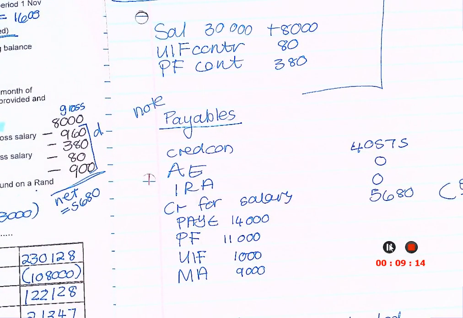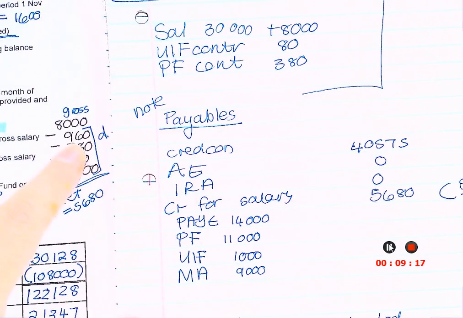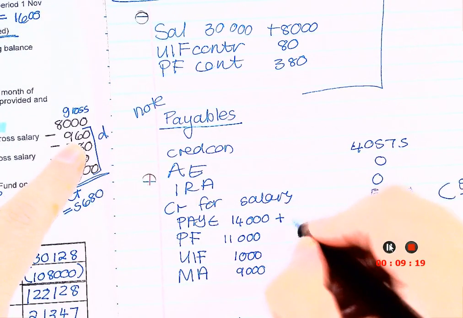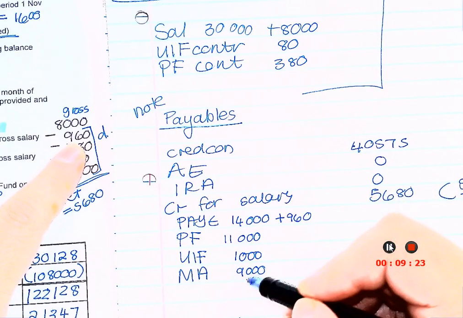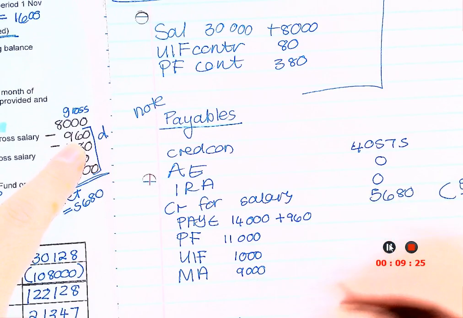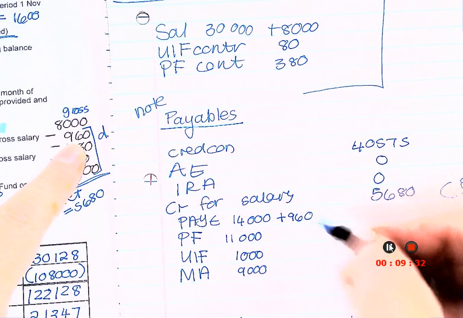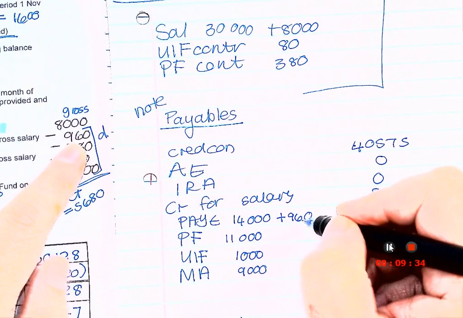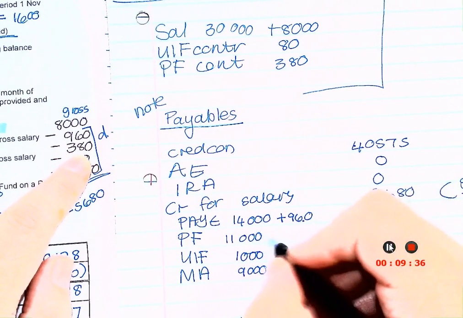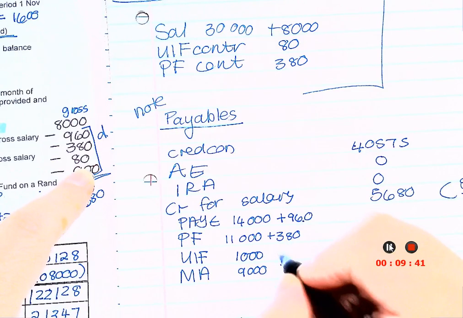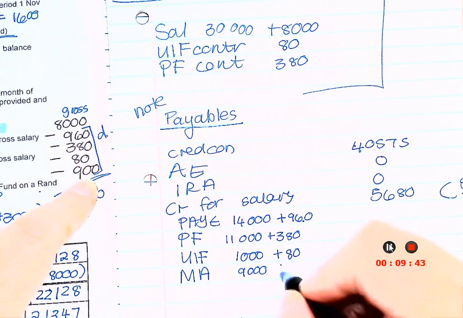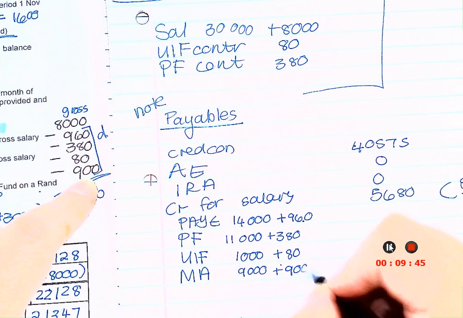Okay, so now I see my PAYE is 960 extra. Remember, this is what I posted in my books, and now they tell you the worker was left out. I must put her in. So I put in her tax that I need to pay over, her pension, her UIF, and her medical aid.